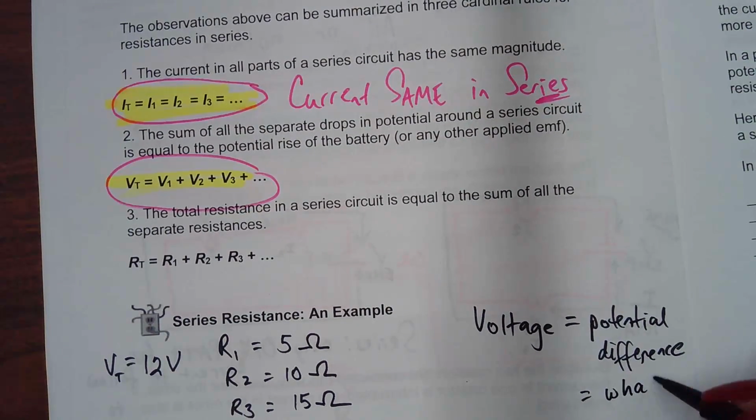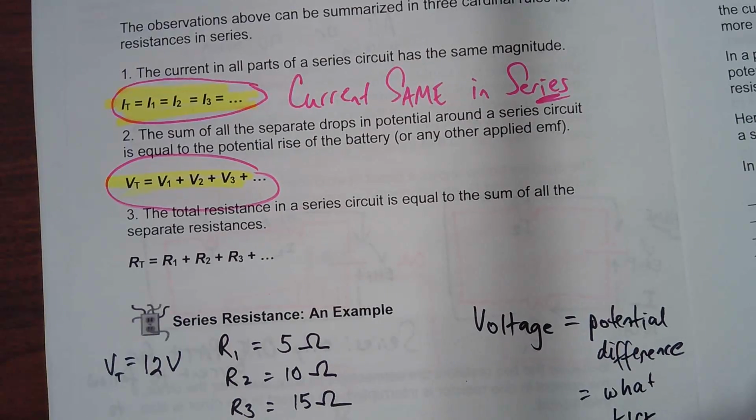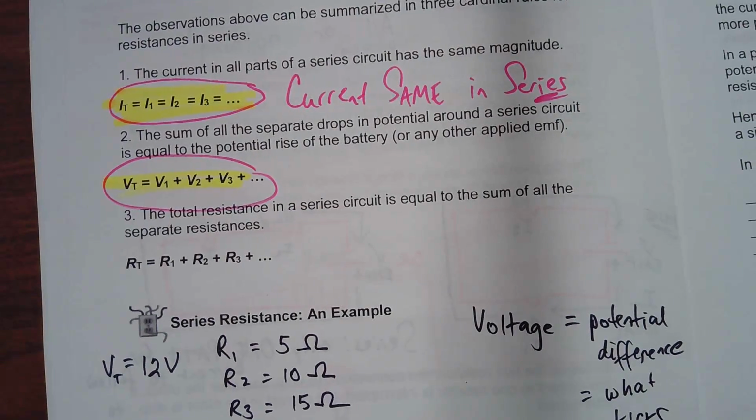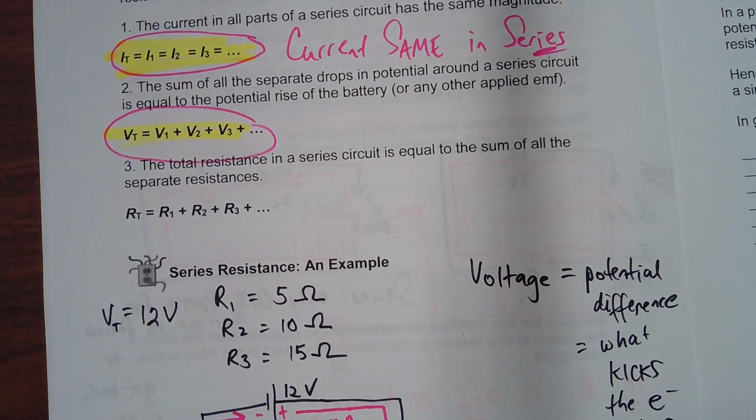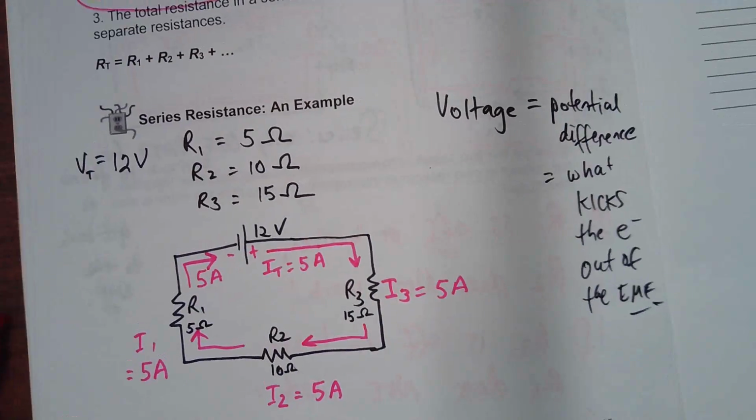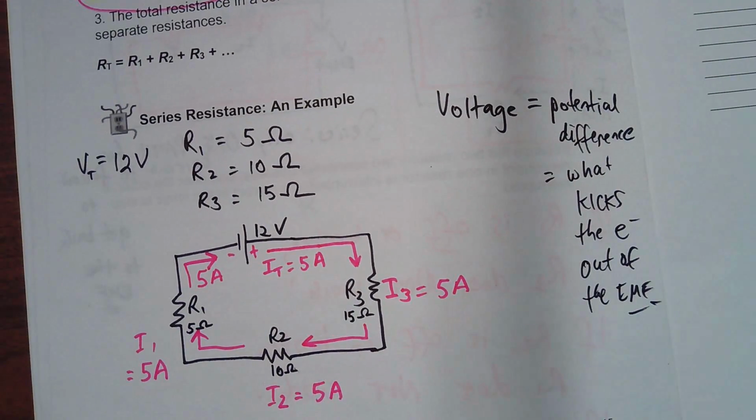So voltage is what kicks the electrons out of the EMF. You have your power source, which could be an AC outlet or a DC battery. What kicks out the electrons is what we call the voltage, the potential difference.